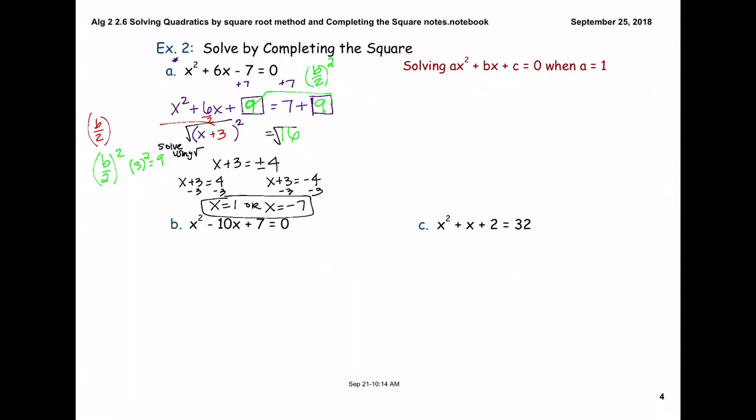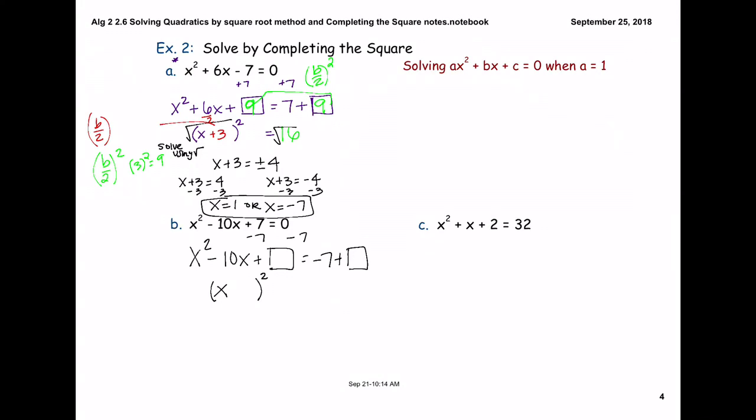When we look at example B, we notice that our a is 1, so we are going to move our constant to the right-hand side using the inverse operation. Set up our perfect square.